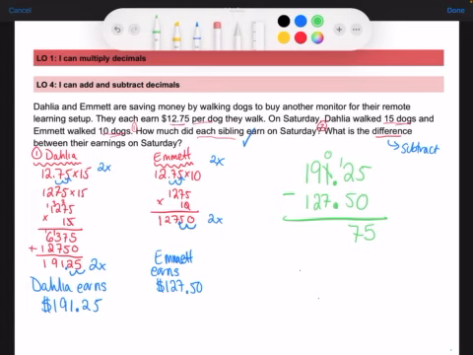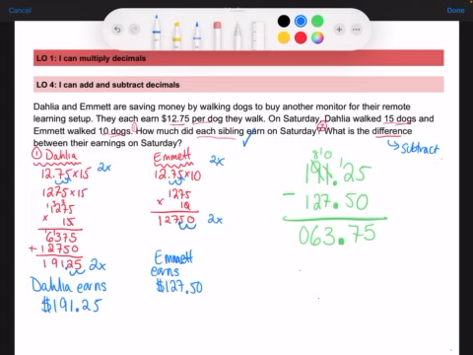I've got to move my decimal place down. Got to borrow again from that 9. Now I have 8 minus 2, that is 6. 1 minus 1, 0.